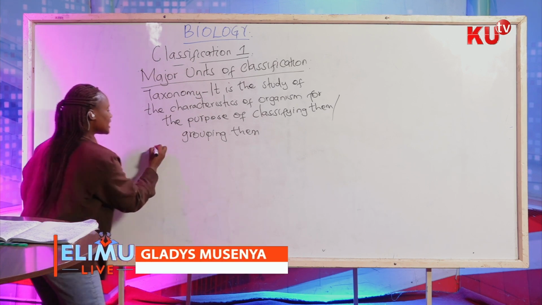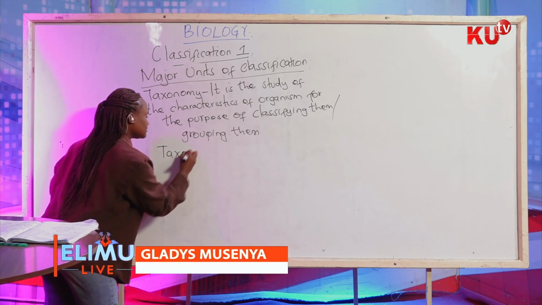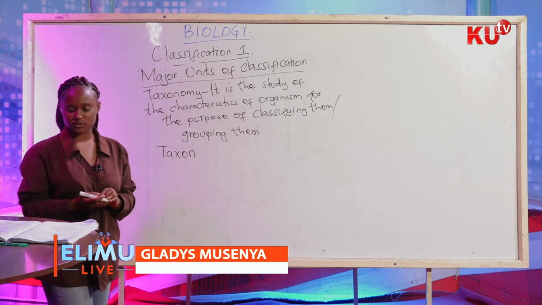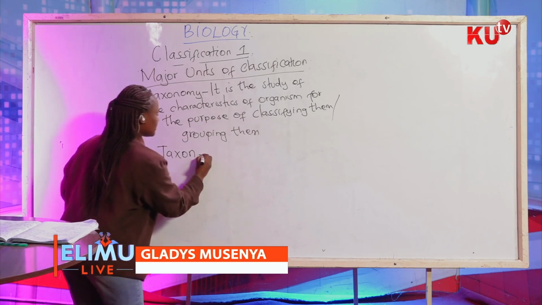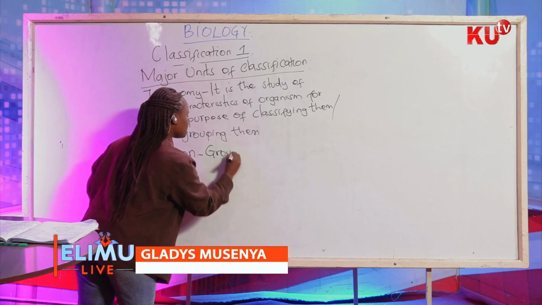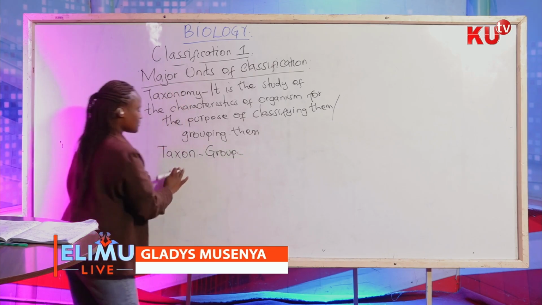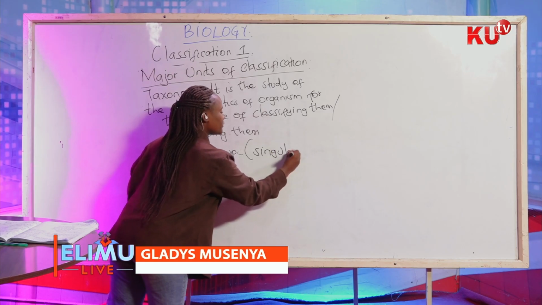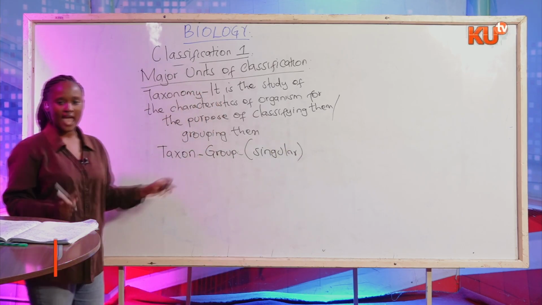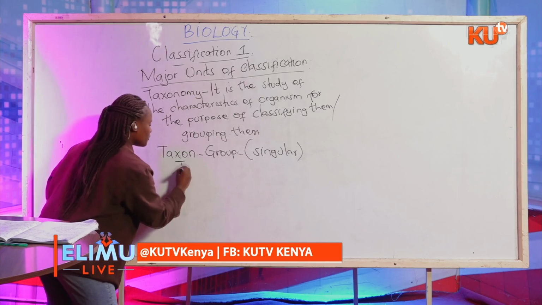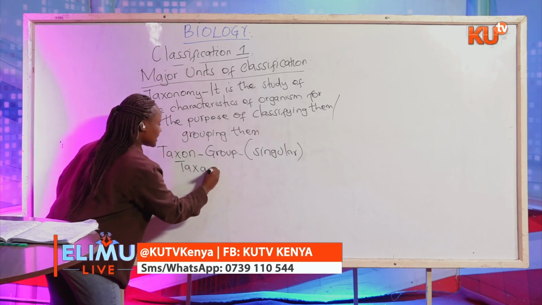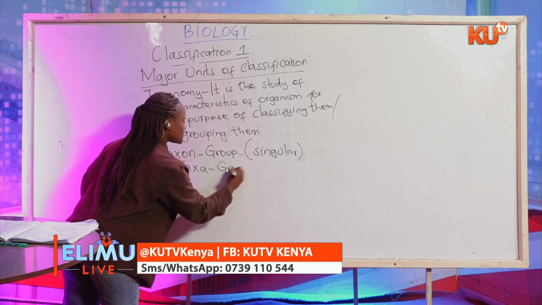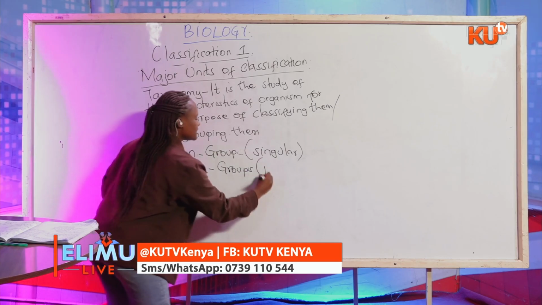Now, we have another term, taxon. What is a taxon? These are the groups that are formed. This is a group in singular, we call it a taxon, and in plural, we call it taxa.